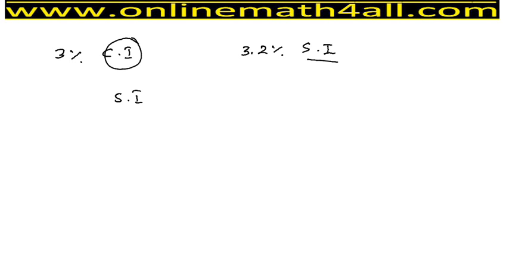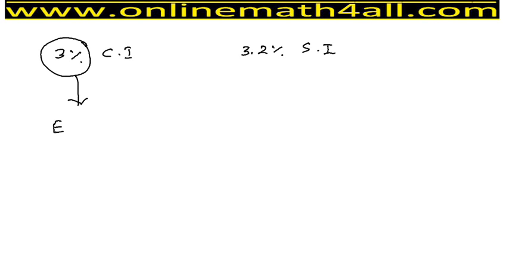We have to decide. So in simple words, if you want to compare simple interest and compound interest, and the principal is not given, you have to find the effective rate of interest for the actual rate given in compound interest by using the formula E equals (1 + i)^n - 1.